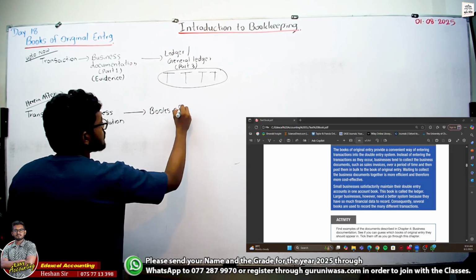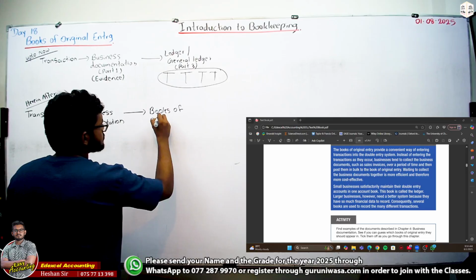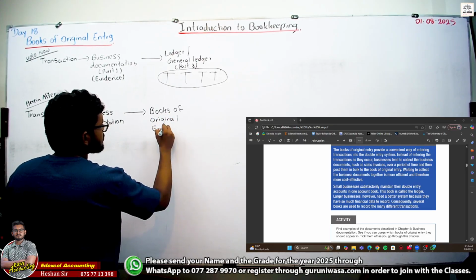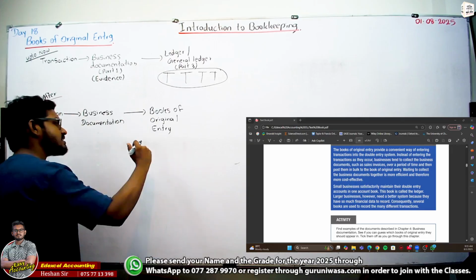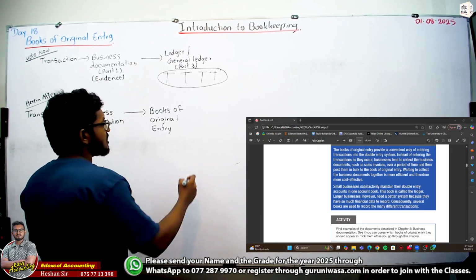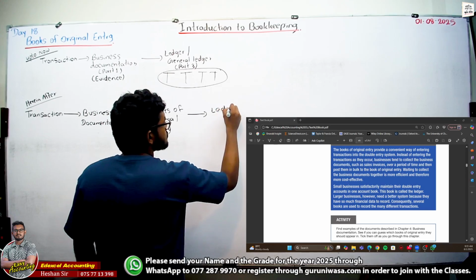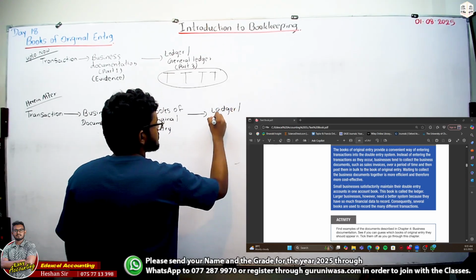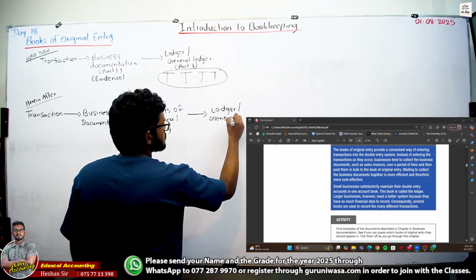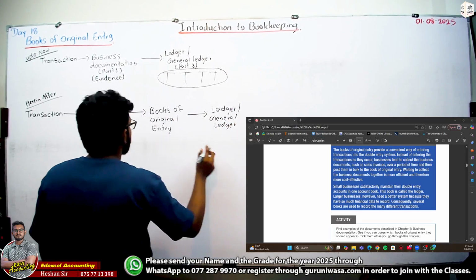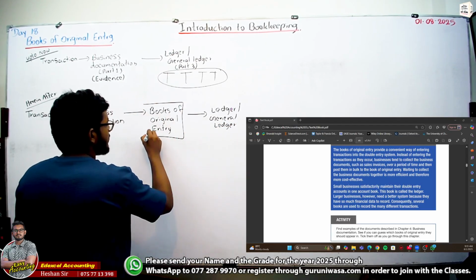Here we record similar types of transactions in similar books, then we go to the general ledger. So we are adding a new part, books of original entry.